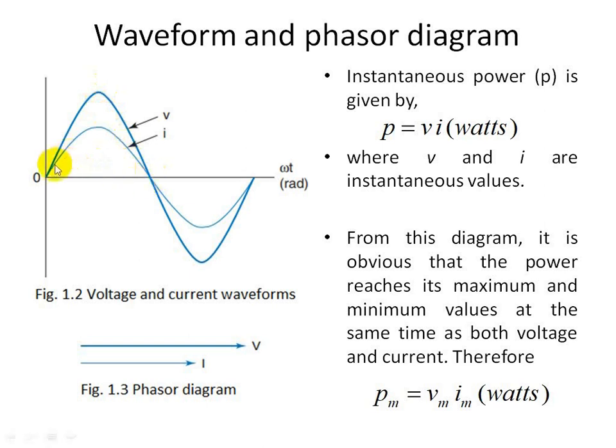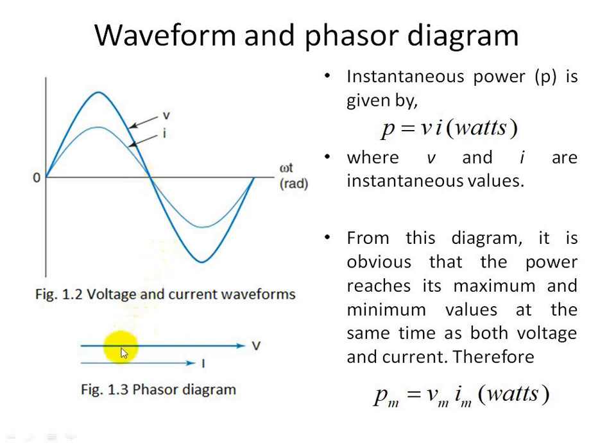Similarly, the current positive cycle starts from here, reaches maximum value and ends at 180 degrees, and the negative cycle continues. So there is no phase difference between voltage and current. In this case we say that both are in phase.